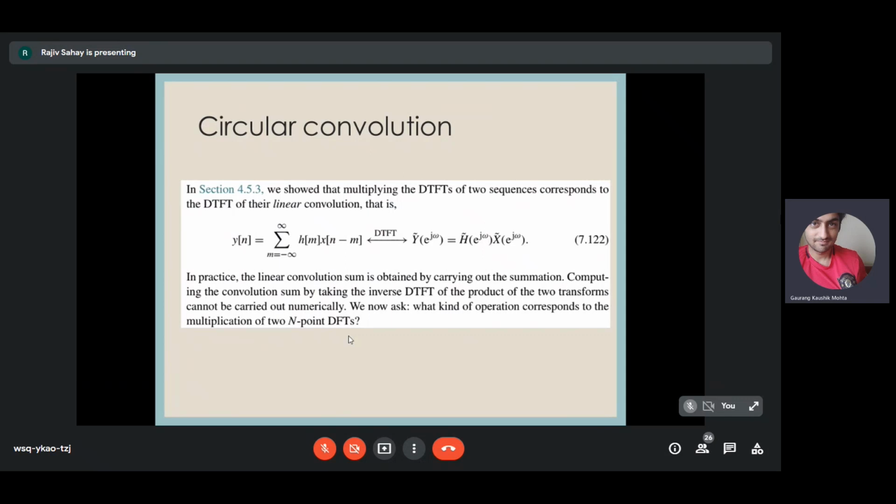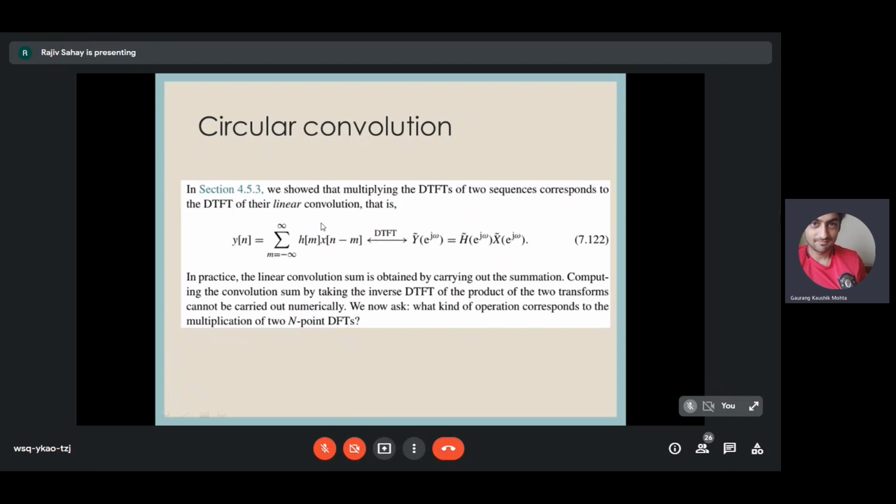The convolution expression is shown on the left. You are taking the convolution from minus infinity to plus infinity, because both the sequences are supposed to be aperiodic. So it is the sum over m from minus infinity to plus infinity of h of m into x of n minus m. This is linear convolution. Okay, make a distinction.